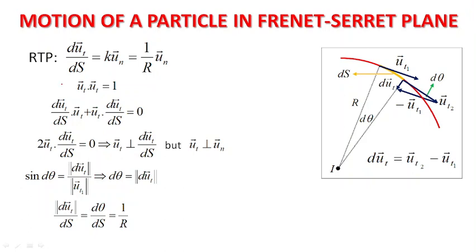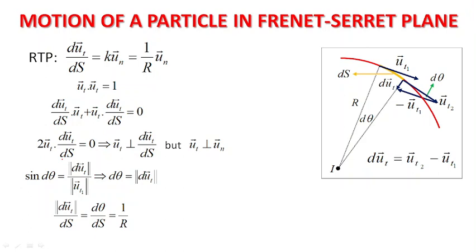Step 1, we need to verify that dut by ds, this vector, and un are collinear. Now, we know that ut dot ut equals 1. We derive both sides with respect to s. Therefore, using the product rule, dut by ds dot ut plus ut dot dut by ds. We know that the scalar product is commutative. Therefore, 2 ut dot dut by ds equals 0.